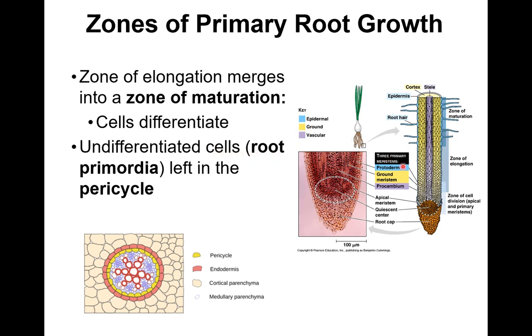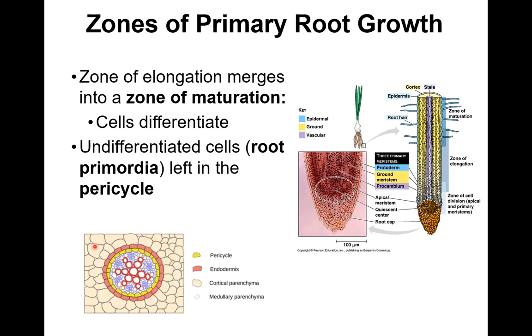So you would have that the protoderm will form the epidermis. The ground meristem will form the cortex, or the ground tissue here, and the procambium will form ultimately the xylem and the phloem, which is found inside the stele. Together with that, you would also have the formation of a layer called the pericycle, which is very important for the lateral growth, as you will see later on, and the endodermis.